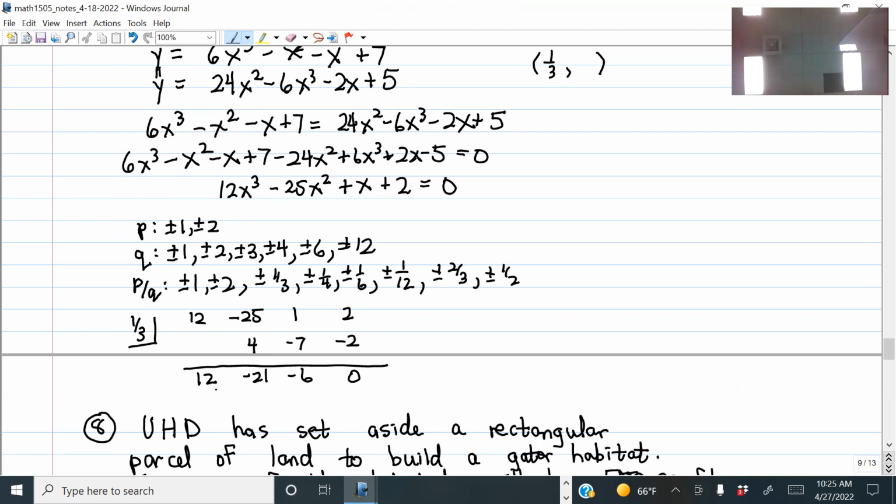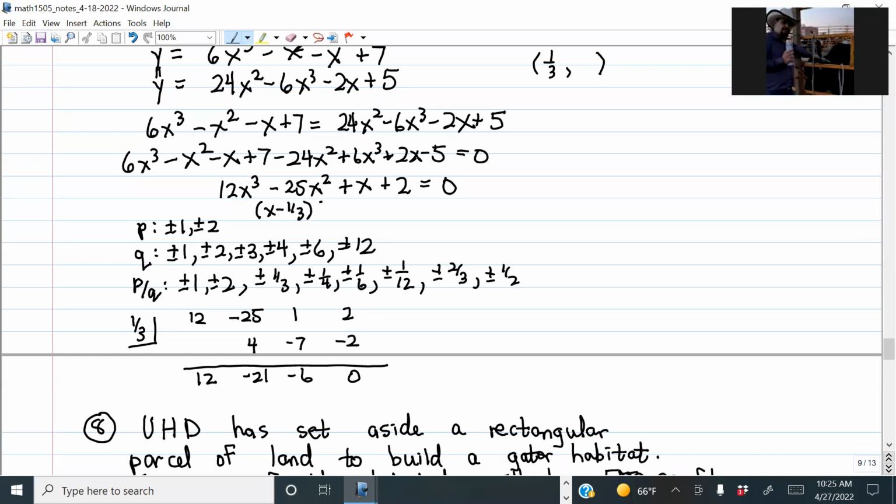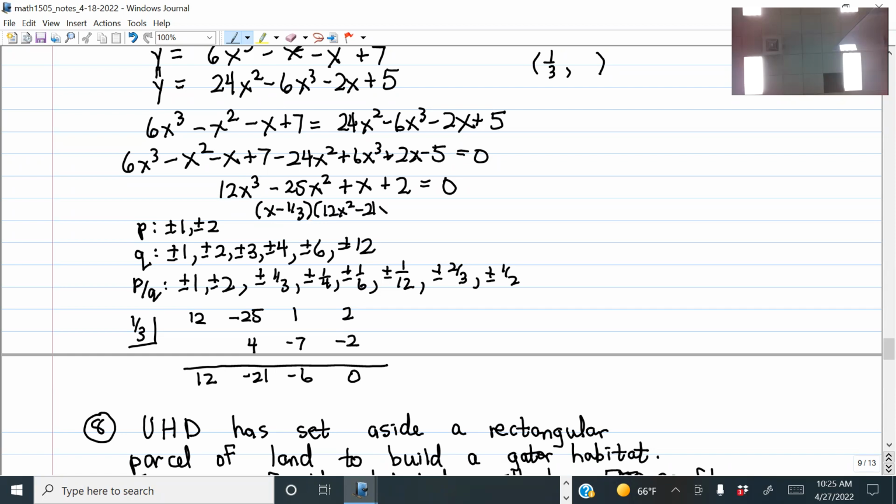Now, what we're left with here, notice, is after we have factored out 1/3, we know now that this equation factors as x minus 1/3 times, and what's our remainder here? 12x squared minus 21x minus 6, right?